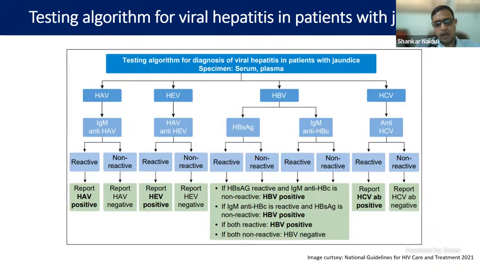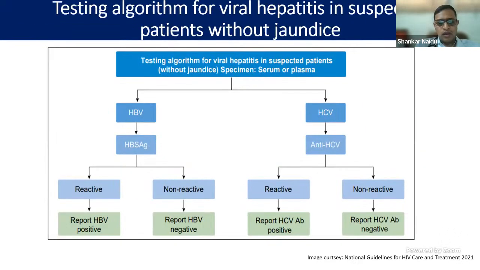This will give an idea about the stage and replicative phase of the hepatitis B infection. And regarding HCV, it is again anti-HCV. If positive, then we should confirm it with HCV RNA level. So this algorithm is for patients who are suspected to have hepatitis but are not having jaundice, which is almost similar to what we have seen in the previous diagram.